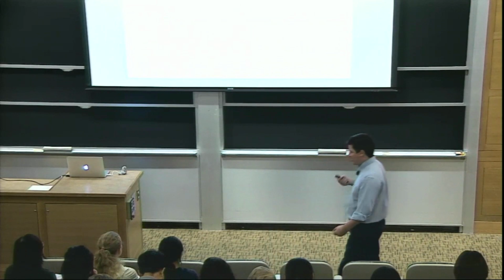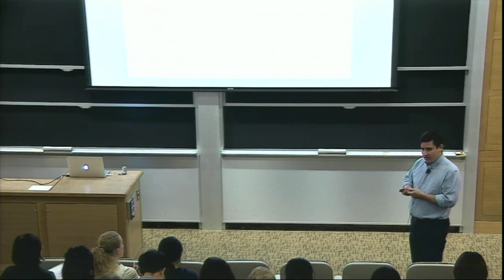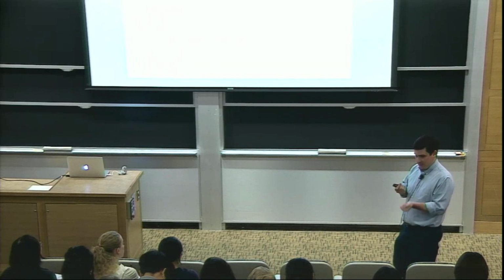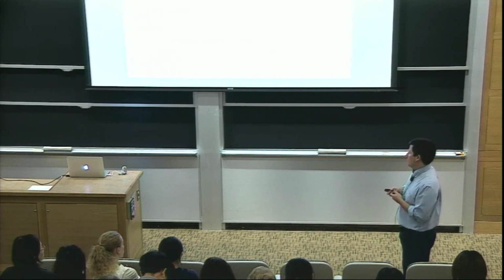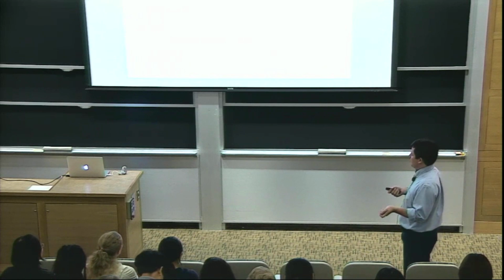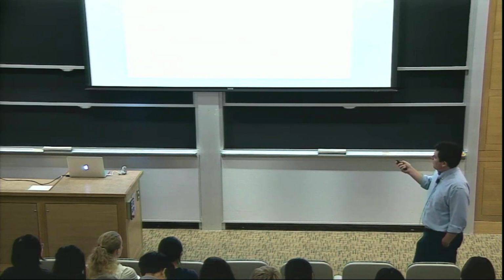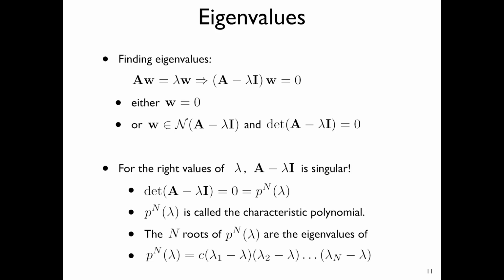They seem like special sorts of solutions associated with a matrix, and if we understood them, then we can do a transformation. I'll explain that in a minute. But how do you actually find these eigenvalues? Well, I've got to solve the equation A times W equals lambda times W, which can be transformed into A minus lambda I times W equals 0.